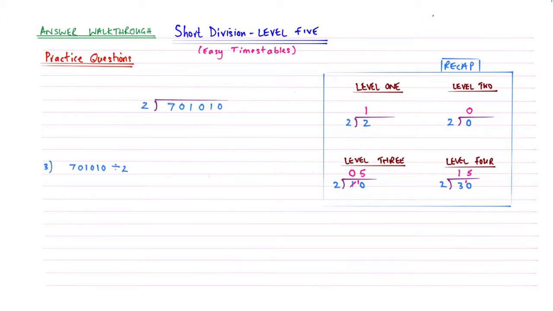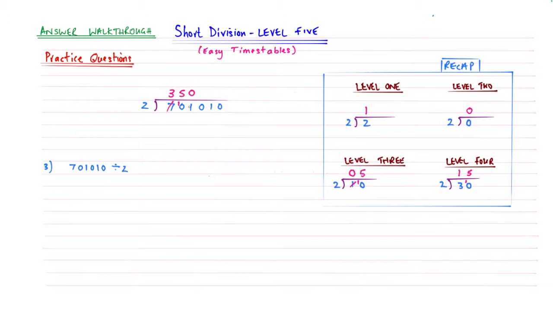And now we have practice question number 3. So we've got 701,010, this time shared amongst 2 things. So I'll take the 7 digit. How many 2's go into 7? Well, that's 3, because that makes 6 with a remainder of 1. 2's into 10 go 5 times. 2's into 1, well, that doesn't go because 2 is too big. So again, this is a level 3.